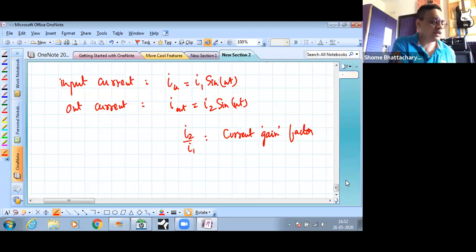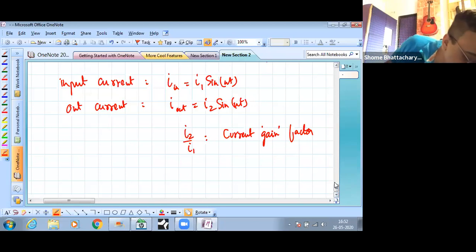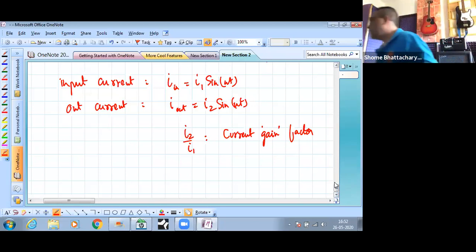side and an output side, where your input device is connected between two pins, which are called the input pins, and the output device is connected between two pins, which are called the output side of the amplifier. So whatever current is going into the amplifier through the input device is called the input current, and whatever current is extracted out of it through the output device is called the output current.